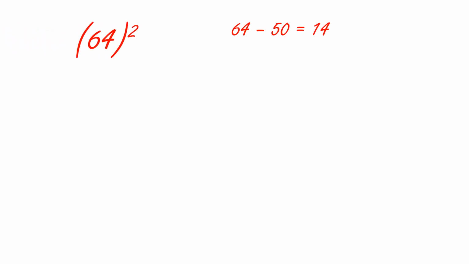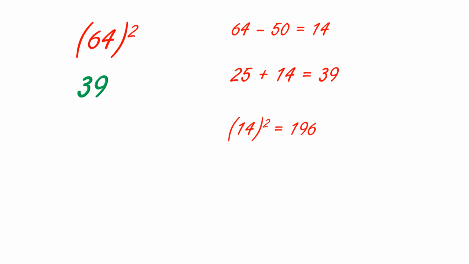64 square. Now 64 is 14 more than 50. As it is more, add 14 to 25. So it gives me 39, which is the first part of my answer. The difference squared, that is 14 square, is 196, which is going to make the second part of my answer. But remember, the second part can have only 2 digits.